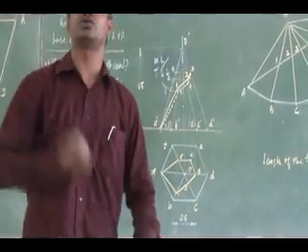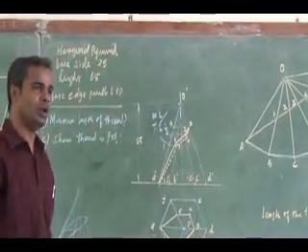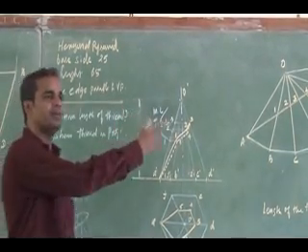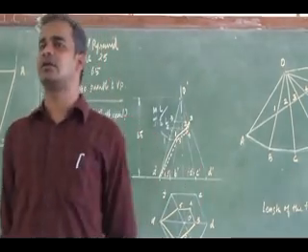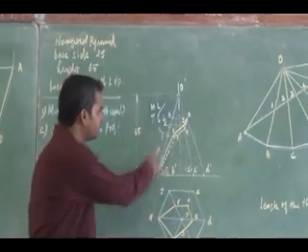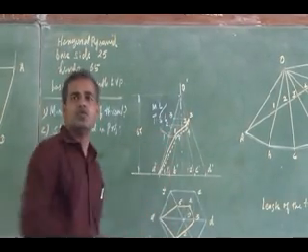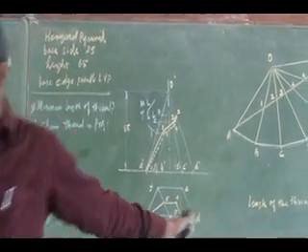So what is the shortest route it will take? What is the shortest length it will travel? Okay, so you have to go for the development. So corner A to A you have to connect it. That is the shortest length, and that is the shortest route it will travel. That I can represent in my front view and top view. Can you do it? So if you finish this, finish it.